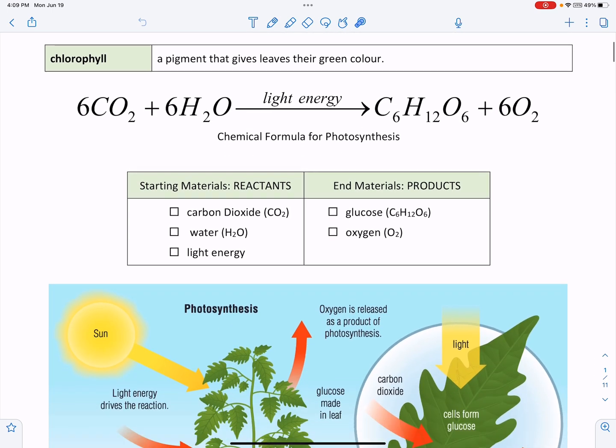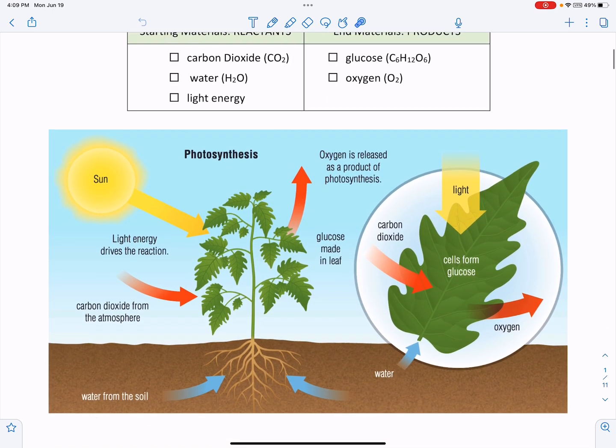In this diagram, we see the sun providing energy. This drives a chemical reaction. Carbon dioxide enters the leaves from the atmosphere, and oxygen is released as a product of photosynthesis. In the meantime, glucose is made inside the leaf, and glucose is a molecule that is used as a source of energy or food.